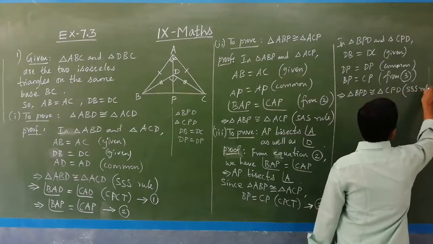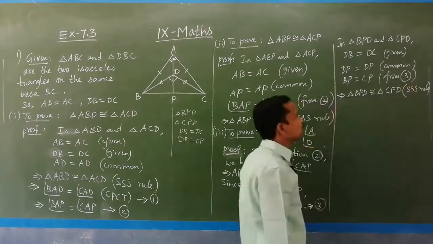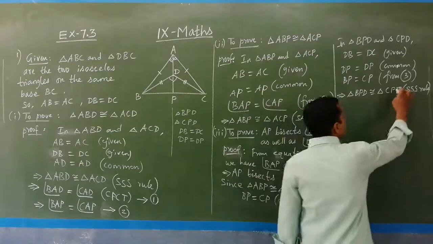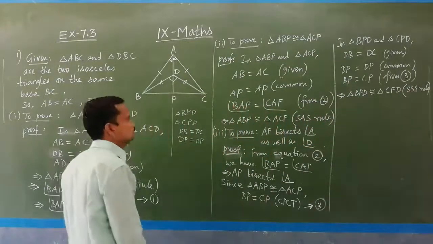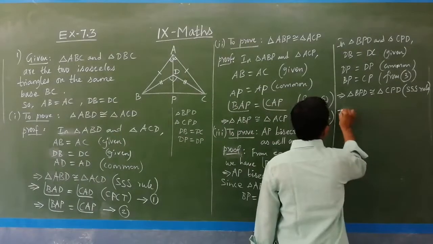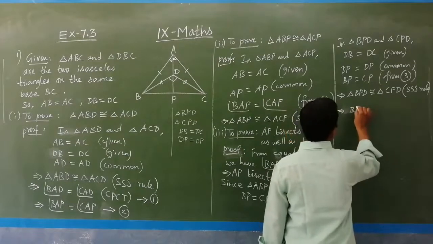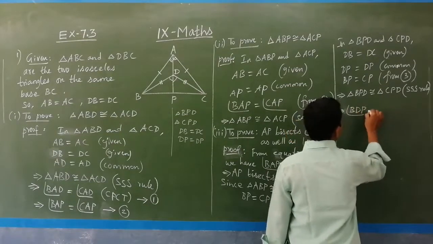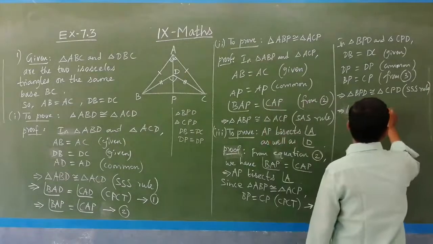By the SSS rule, we can say triangle BPD is congruent to triangle CPD. Why did we try to show these two triangles are congruent? Because only then, by CPCT, can we say angle BDP is equal to angle CDP.